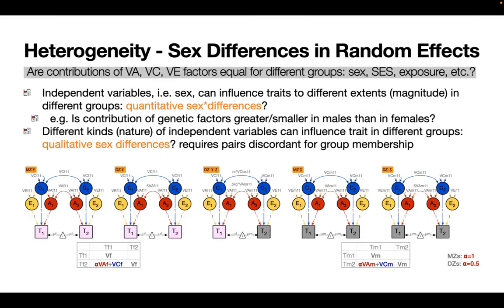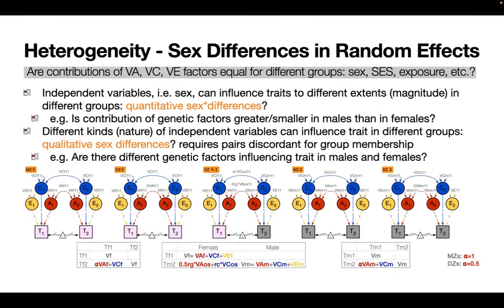In the case of sex, we have opposite sex twin pairs, but of course, they are always DZ twins. And so we can specify not only different variance components in males and females, but also estimate whether the same or different genes contribute to the trait in males and females by adjusting the expected covariance in opposite sex twin pairs.